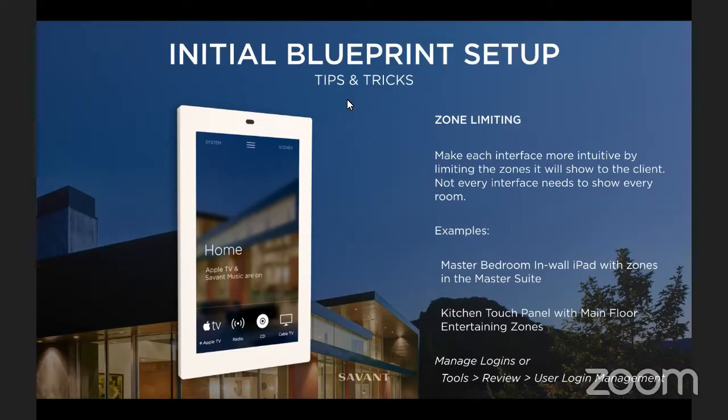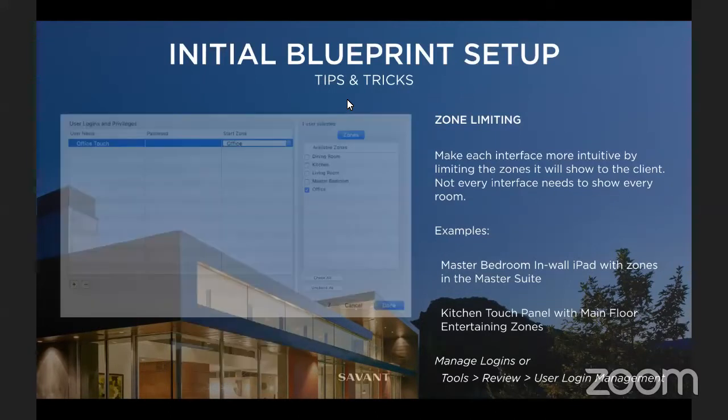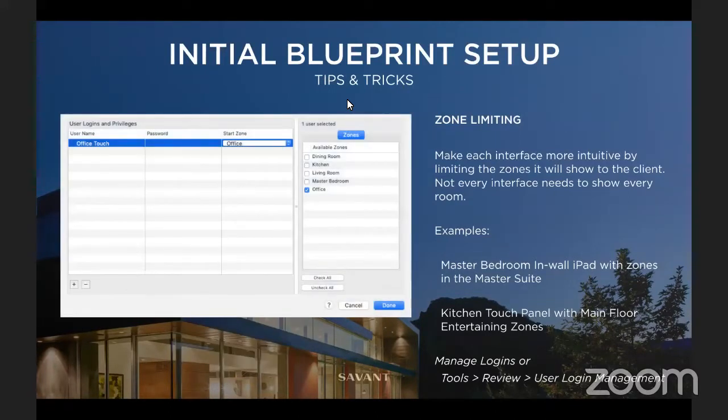And what you're going to want to do is make sure that you limit those by creating a local user under Tools, Review, User Login Management. And that's going to allow you to create touch panel users that are local users to limit what zones those touch panels can access. And that's going to look something like this.